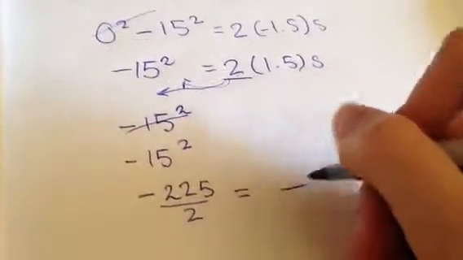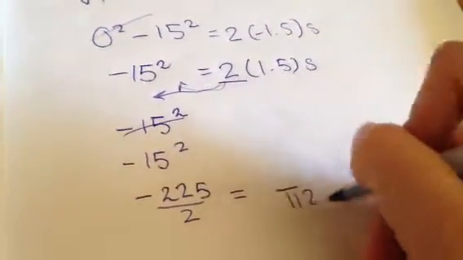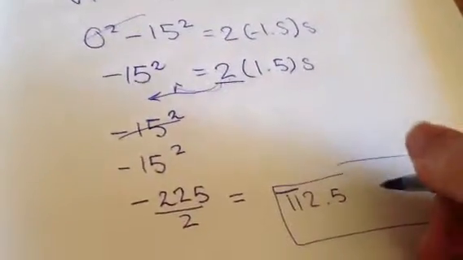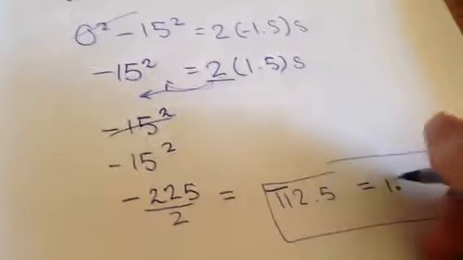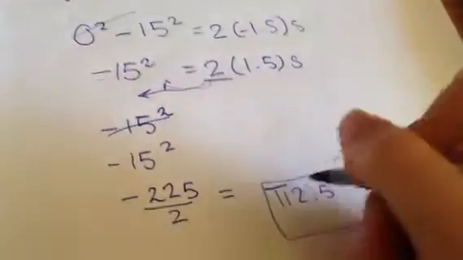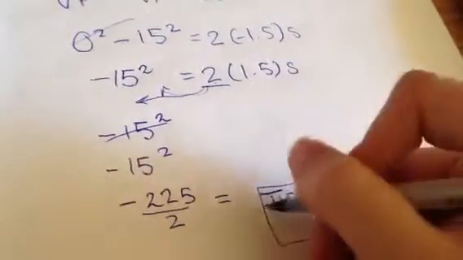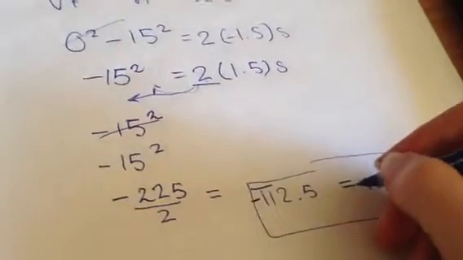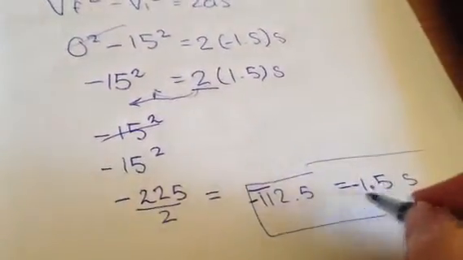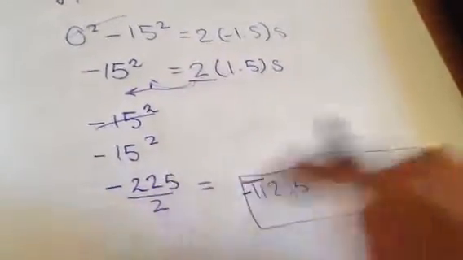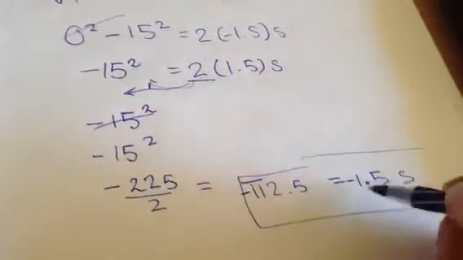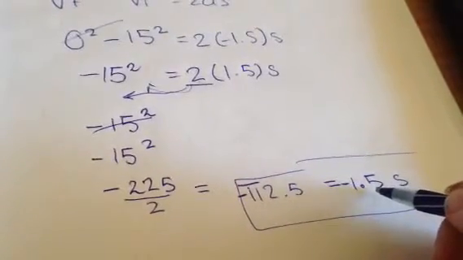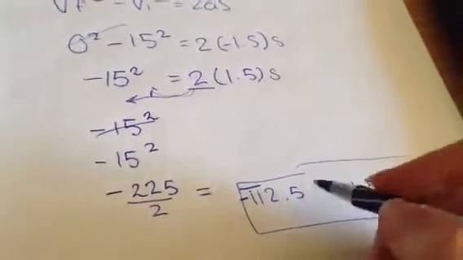So we basically have on this side 112.5, and I'll just rewrite it out here. 112.5 equals 1.5 lots of S, and that's also negative there, of course. Now we just move this onto the other side as well, because negative 1.5, moved to the other side, becomes positive 1.5.